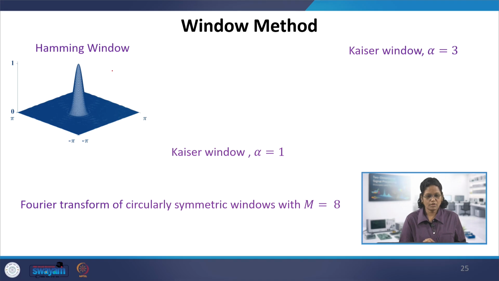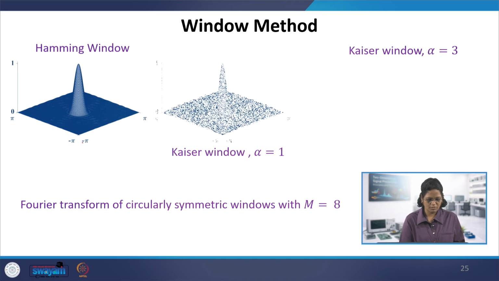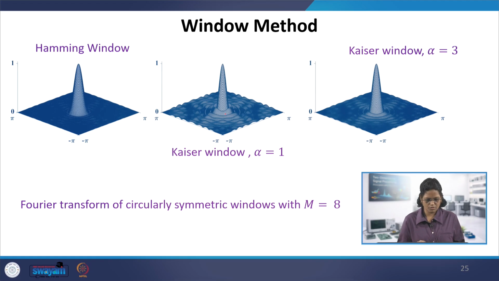So the Hamming window, which you can see is this one, and this one is the Kaiser window, with alpha equal to 1 here, the alpha parameter, the tunable window. With alpha equal to 3 it is a little smoother compared to this one. So for the Kaiser window alpha, the ripples are reduced in this case.